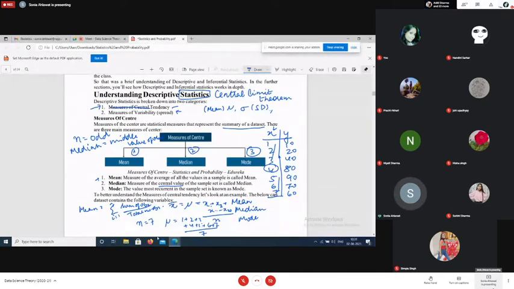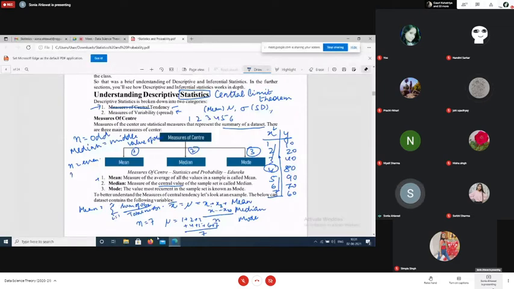But what happens if n is even? Suppose I have a sample 1, 2, 3, 4, 5 and 6. Now how do I calculate the median of this? N is even. So what I'll do is look at the n upon 2th observation.